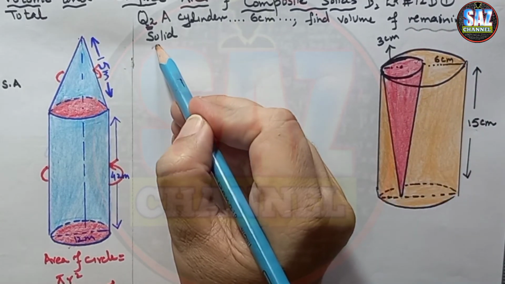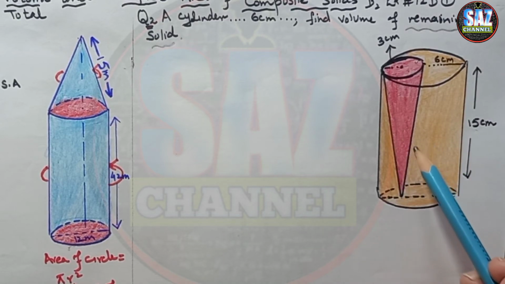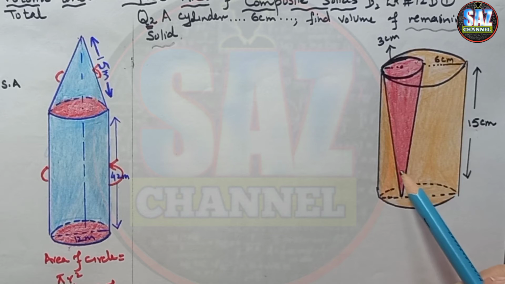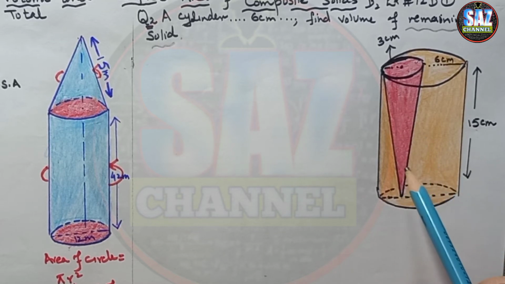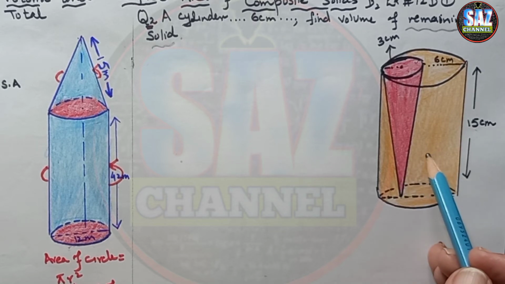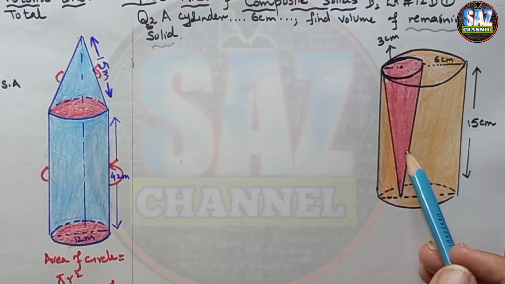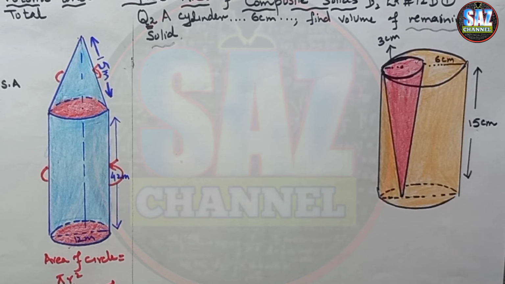As we are digging this cone, making a hole in the cylinder in the shape of a cone, and taking this portion out, we have to find the remaining volume. So we will find the volume of the cylinder, the volume of the cone, and then take the difference between the two volumes. I hope you are clear about this question, and let's move to the solution.